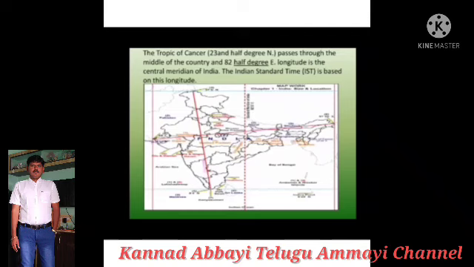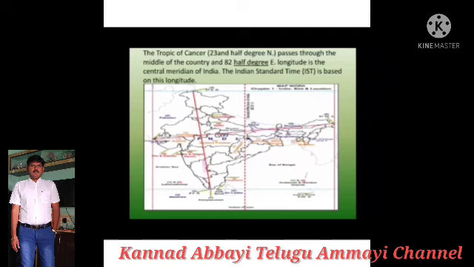And the vertical lines of the globe, which are drawn from north to south, are called longitudes. So the 23.5 degree north latitude is one of them, and the 82.5 degree east longitude. Both the latitude and longitude are very important.